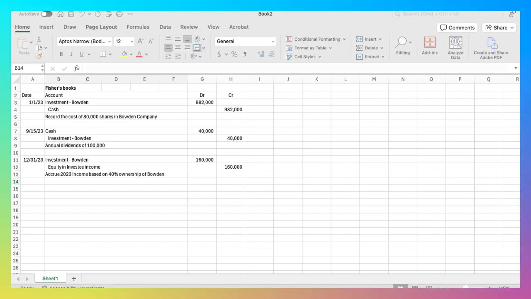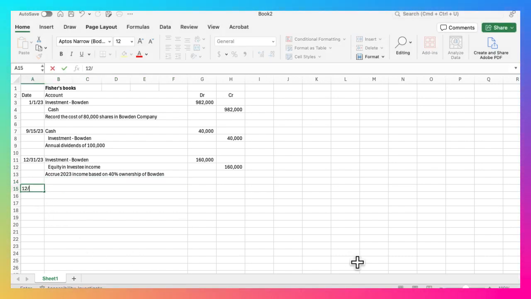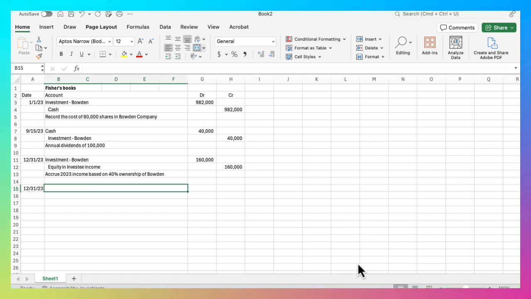How do we do that? Well, we're going to do a journal entry on 12/31/23, okay? Think about it this way: that amortization cost, that $60,000 excess patent value, we need to amortize over 15 years.